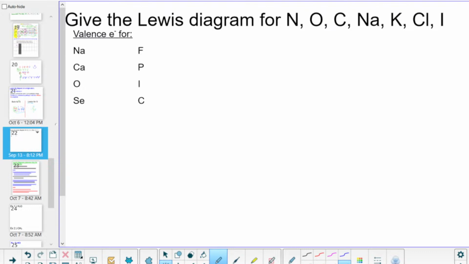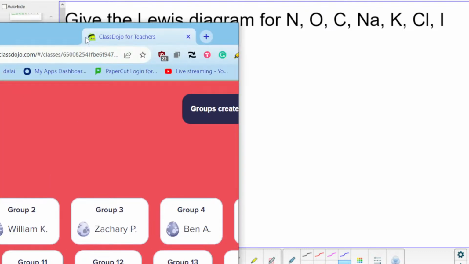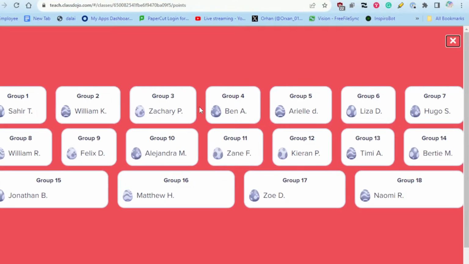I'm going to ask you to go to the board in a moment. Let's go for Science 10. Toolkit, Group Maker. I want groups of 1. I've put you in groups of 1.